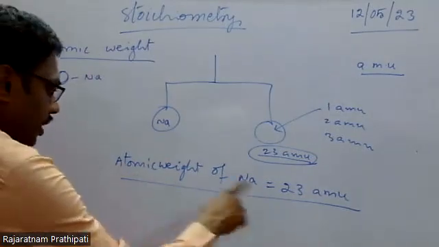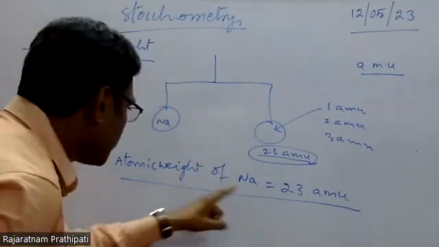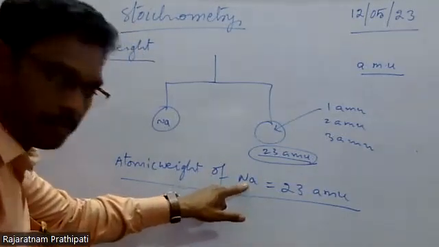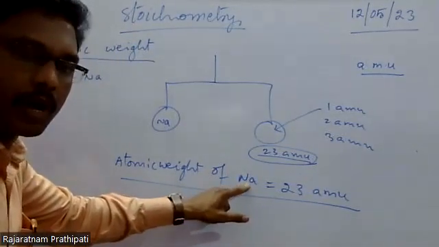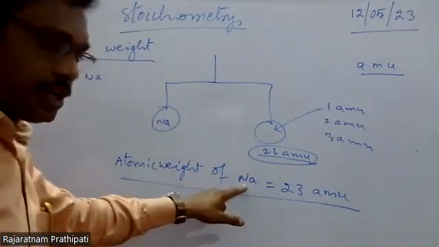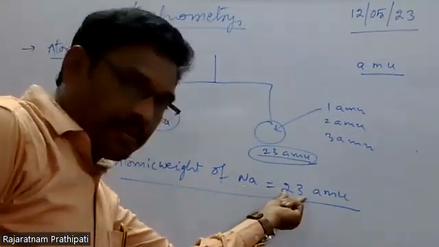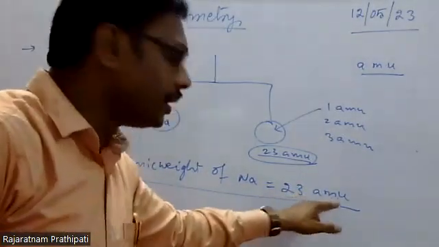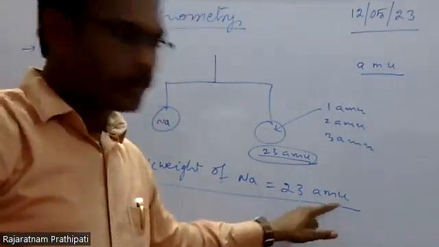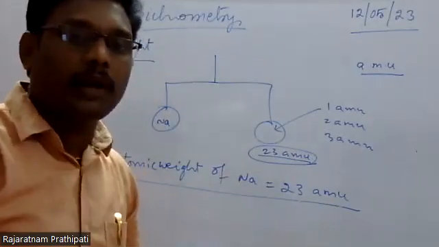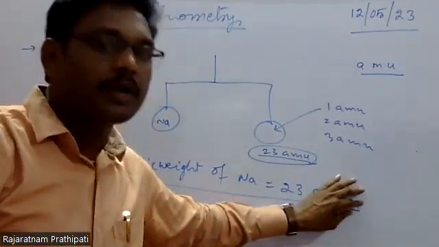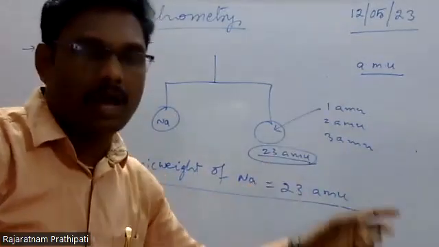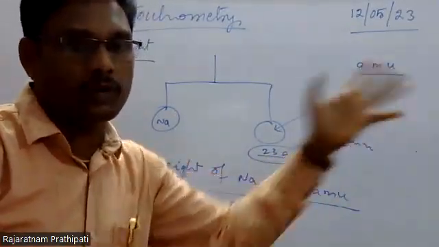Then how can we define this atomic weight? Look at the definition. The atomic weight of sodium is how many times heavier the sodium is than AMU. AMU is what? 1 by 12th part of the mass of an atom of C12 isotope.